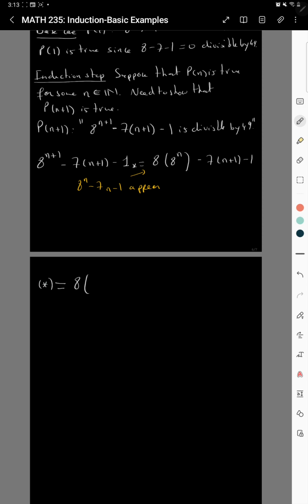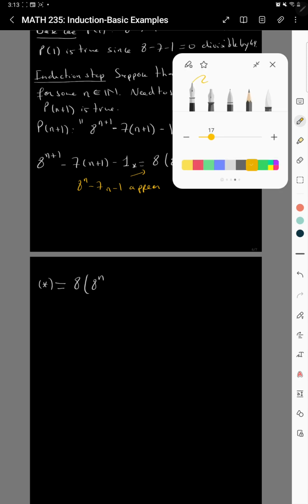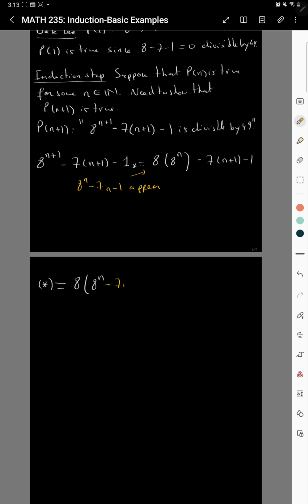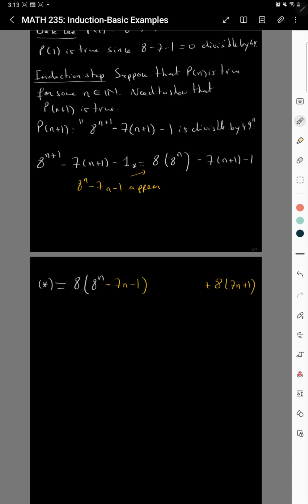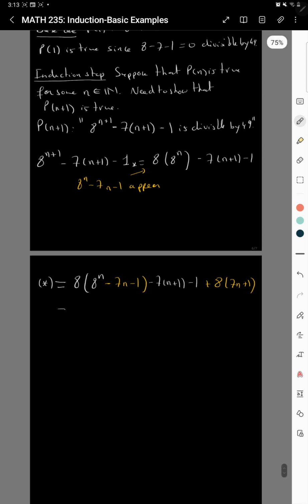If I just subtract 7n and 1 from 8 to the n, and then add them back again, but this time multiplied by 8, because what I'm removing is 7n times 8, 1 times 8. Let's see what I get. Now it's a good sign that I can use my induction hypothesis.